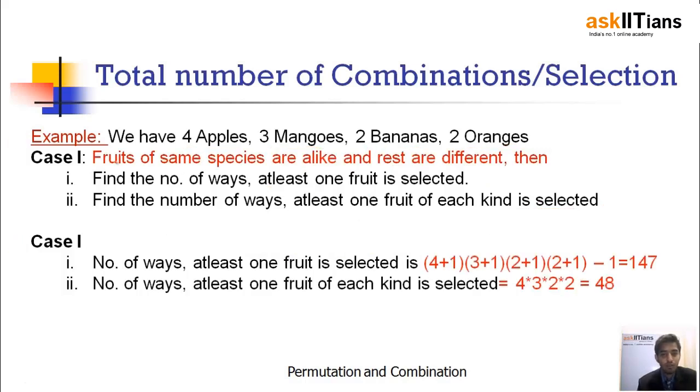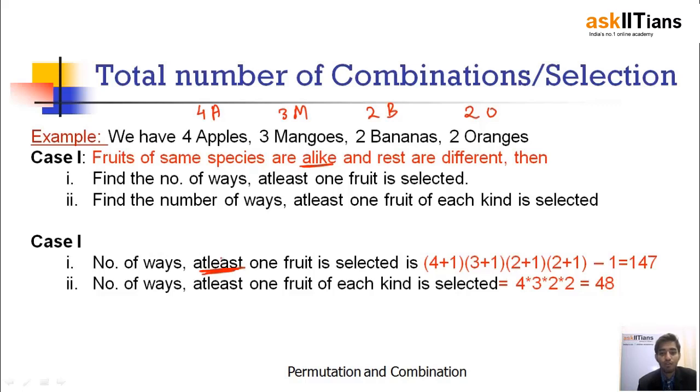If the fruits of same species are alike, if these are 4 alike apples, 3 alike mangoes, 2 alike bananas and 2 alike oranges, then what is the total number of ways of selecting at least one fruit?